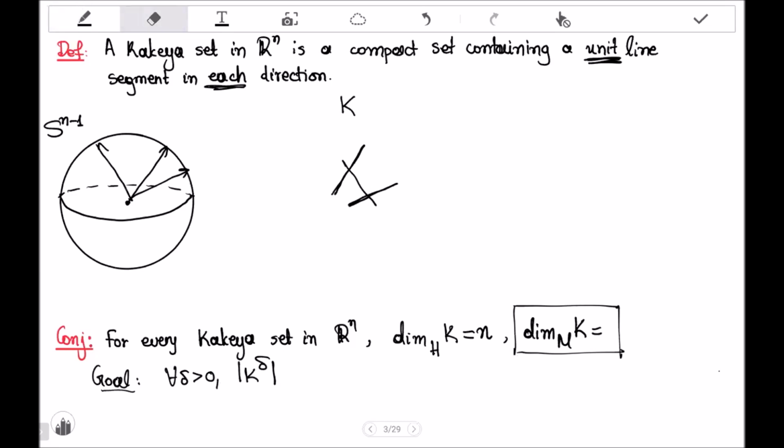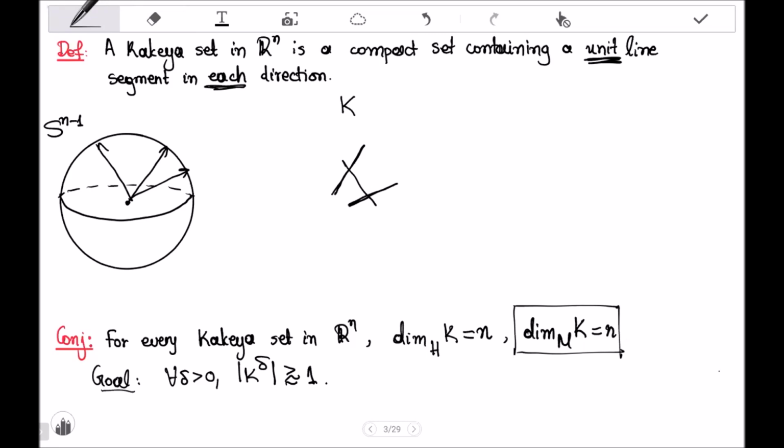So if we wanted to show that the Minkowski dimension is alpha, we'd be aiming to show that every delta neighborhood is at least, and here we allow log losses, delta to the n minus alpha. Now that I want dimension n, this means that the exponent will be 0, and this is what I'm hoping for, that the delta neighborhood of every Kakeya set is big. So even though a Kakeya set can have Lebesgue measure 0, as soon as you slightly thicken it, it will have very big volume.